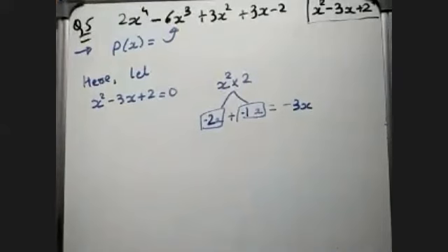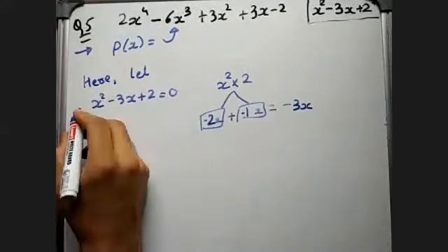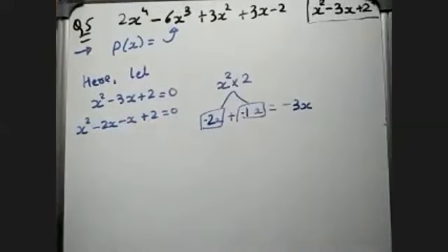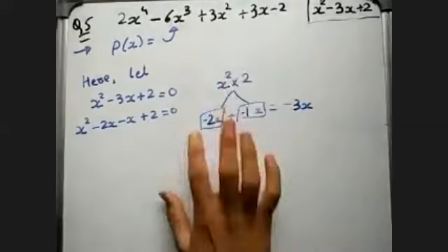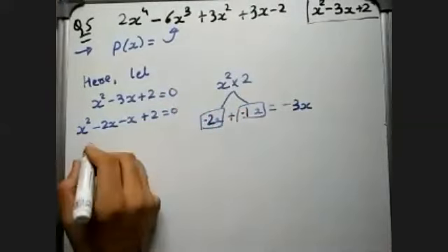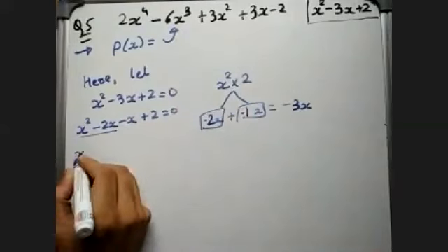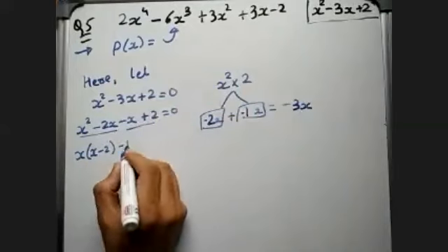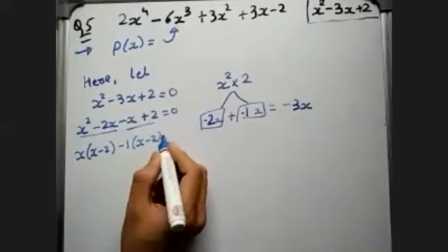So is it clear? So this will be equal to x square minus 3x will become minus 2x minus 1x plus 2 equal to 0. Is it clear now? This you have to do in rough only, right? So from first two terms, if I take x as common, I will get x minus 2. From last two terms, if I take minus 1 as common, I will get x minus 2.